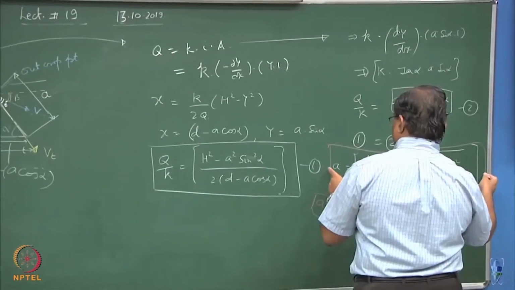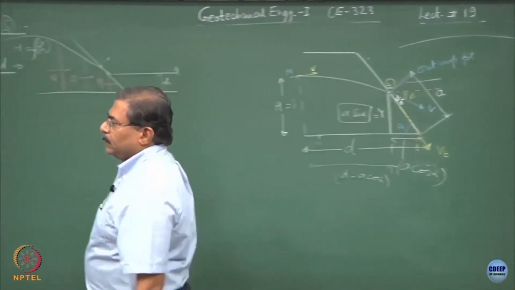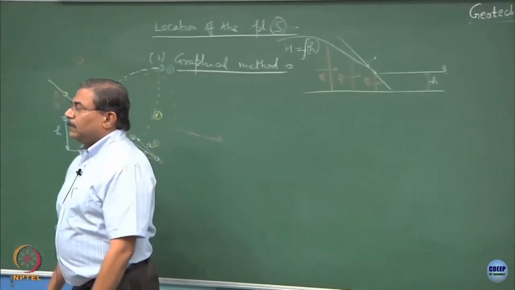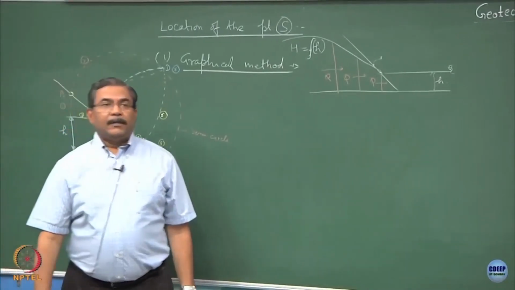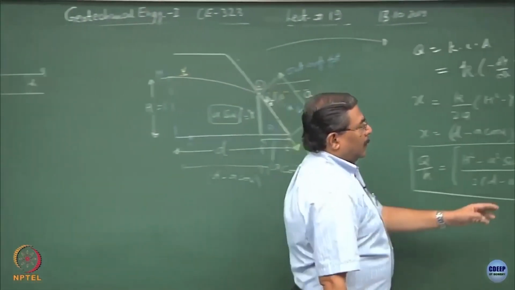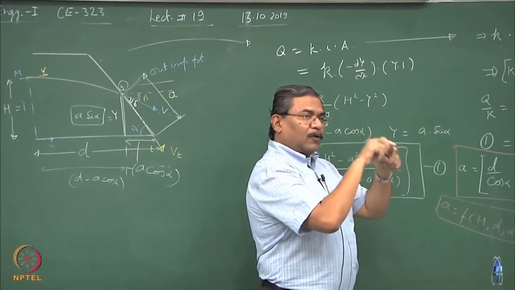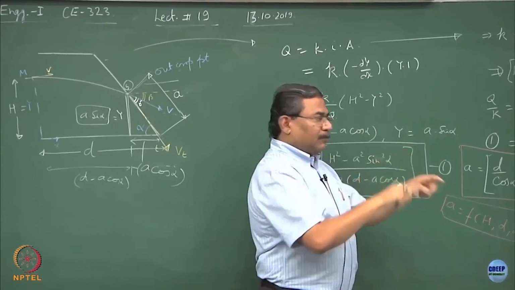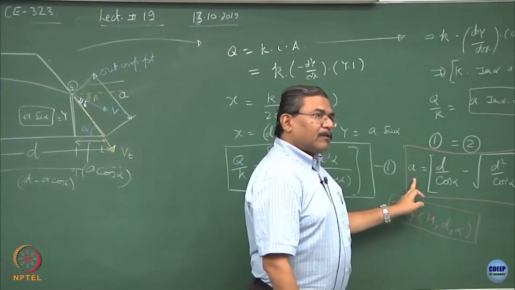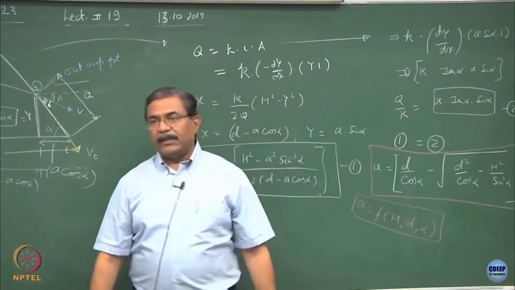That the outcrop point is independent of Q. Is this okay? So, one of the questions has been answered. It does not matter where I put the tail and the outcrop point, clear, because the location of the outcrop point is only the geometry of the downstream side of the earthen embankment.